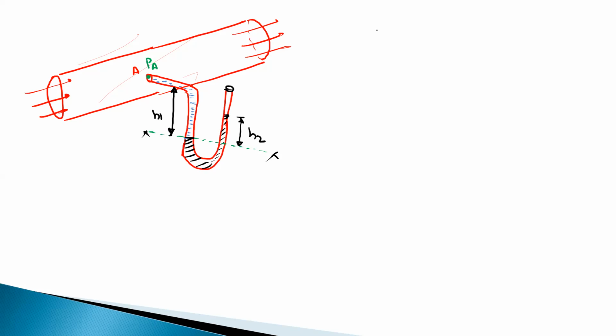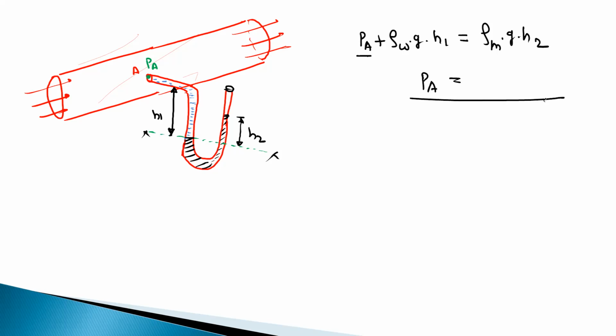And then by using this principle, pressure is the same along the XX direction. You can write this equation: PA plus rho water G into H1 is equal to rho mercury into G into H2. So you can find out the PA. This is the use of the U-tube manometer.